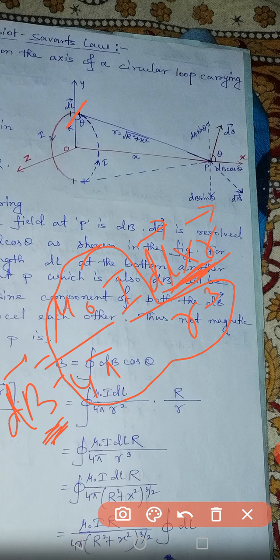So if this is dl and this is r, in which plane are they contained? This is the plane where dl and r are lying. So dB should be perpendicular to this plane, that is why dB is like this, oblique, perpendicular to this plane where dl and r are lying.